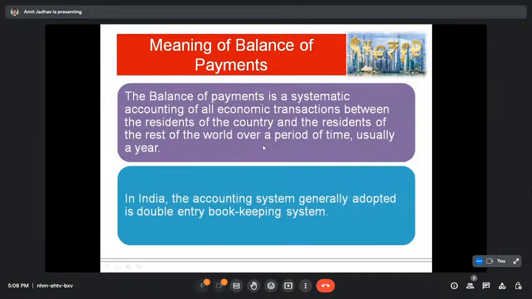These transactions may be in terms of commodities, goods or services, or in terms of capital inflow and outflow. Basically, the accounting system generally adopted is the double entry bookkeeping system, and that's why on both sides we finally get a balance.